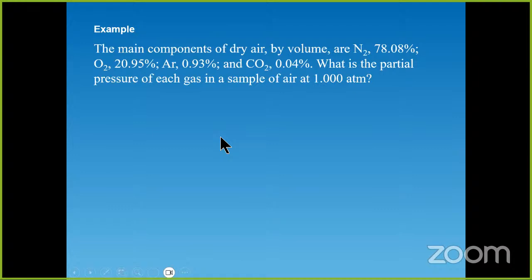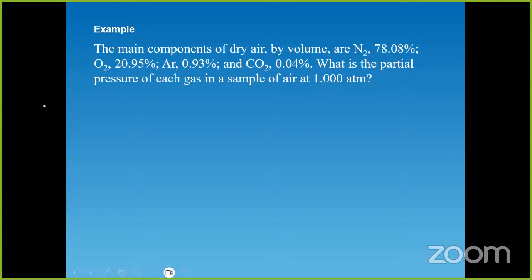So let's see if we can apply that to this particular problem. This question says the main components of dry air by volume are, and it gives you the numbers for the different gases: nitrogen, oxygen, argon, and carbon dioxide. The question is asking, what is the partial pressure of each gas in a sample of air at 1.00 atmospheres?